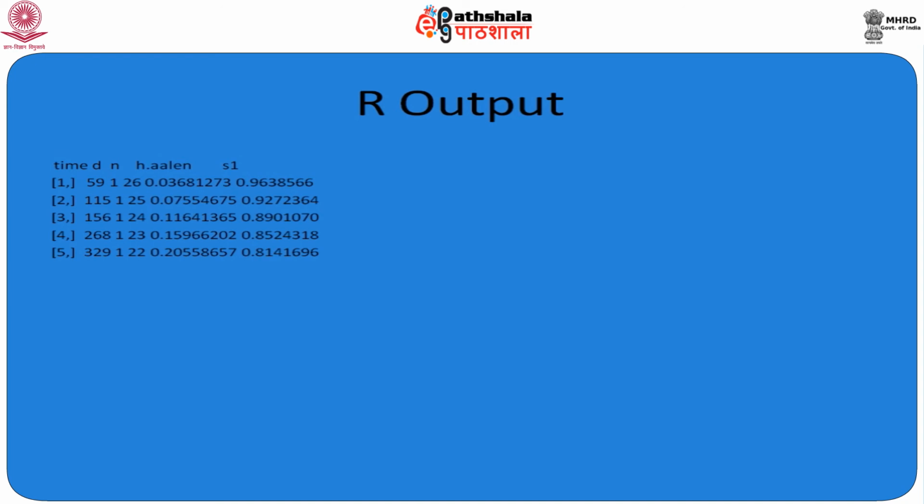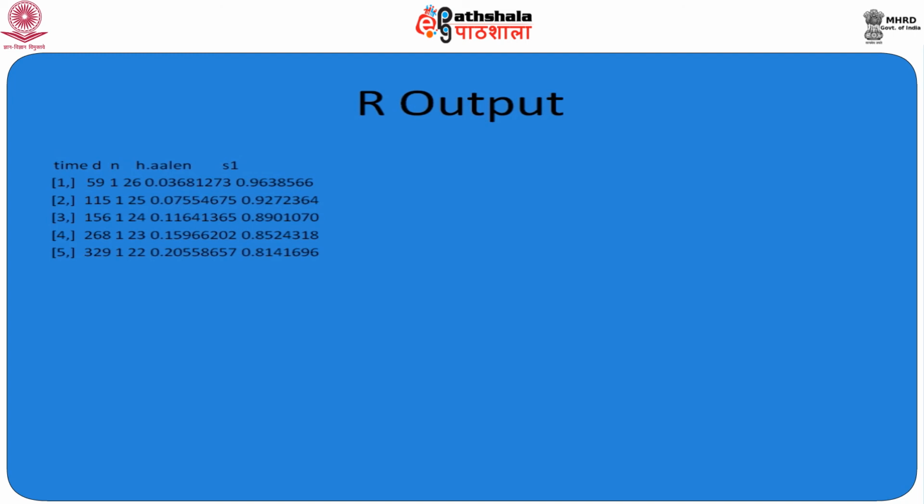The corresponding hazard estimations obtained through the Nelson Aalen estimator are 0.03, then 0.07, then 0.11, then 0.15, and then 0.20. The corresponding survival estimates are 0.96 till 59 days, reduced to 0.92 at 115 days, 0.89 at 156 days, 0.85 at 268 days, and 0.81 at 329 days.